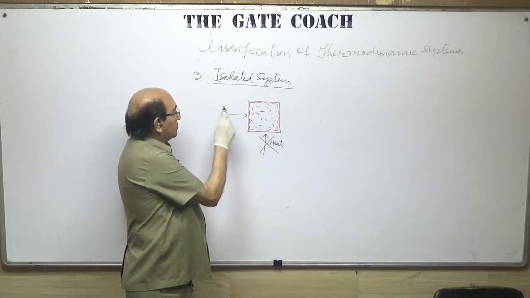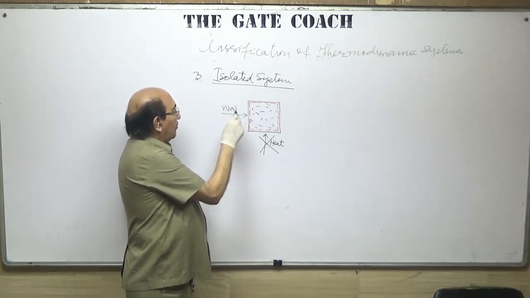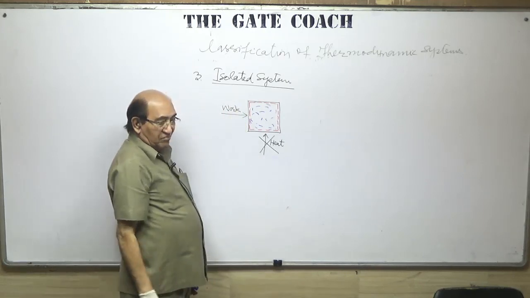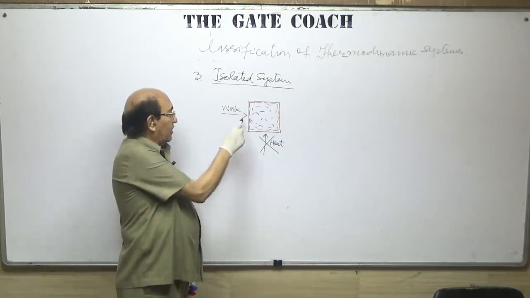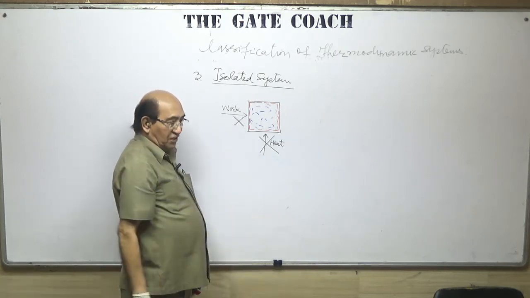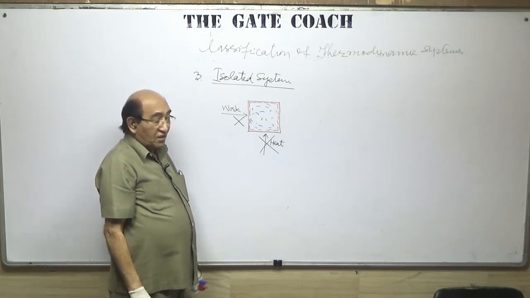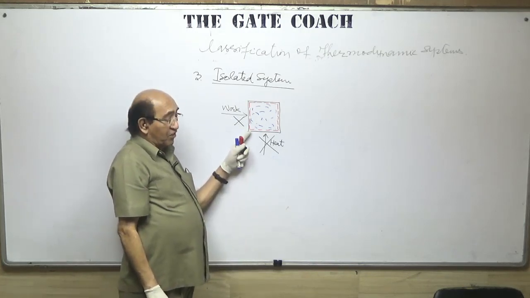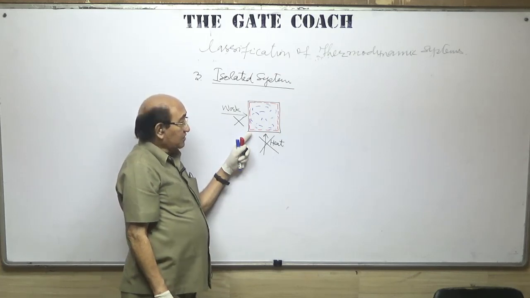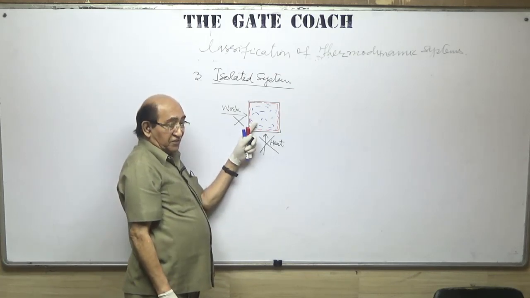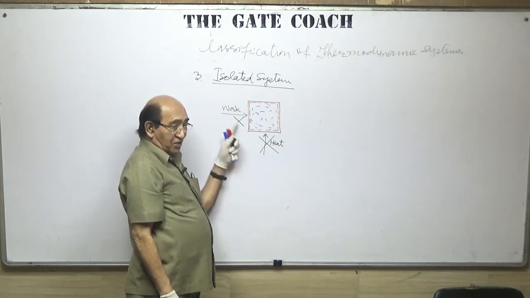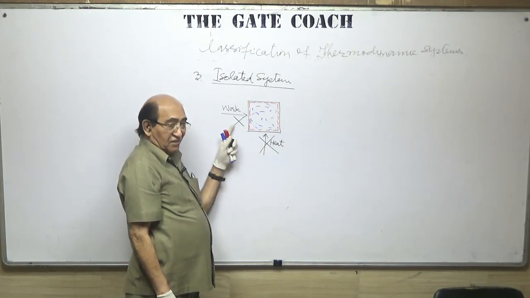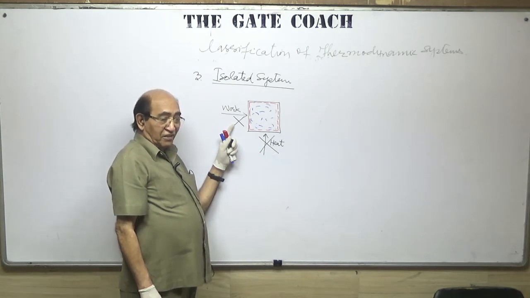By some means, I try to do work on the system. The boundaries are so rigid that they do not allow the work to cross the boundaries. The system boundaries remain fixed. Mass remains fixed. And to start with, I stated that if heat and work both do not come into the picture, that is not the topic of our interest.